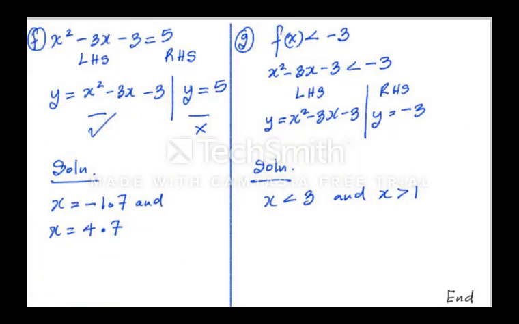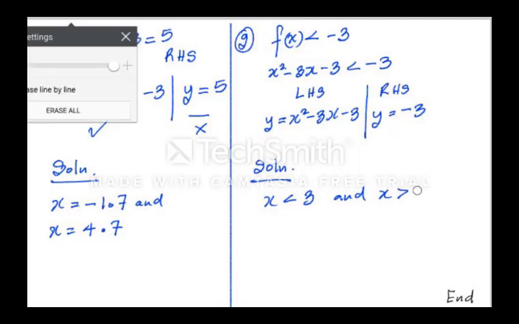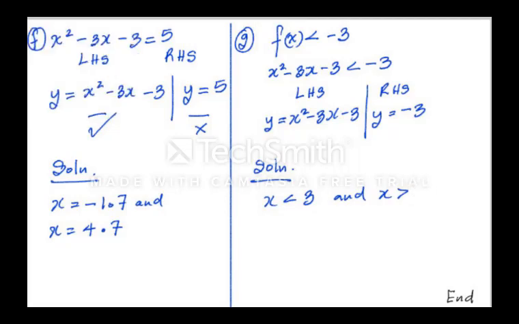And x is greater than 0. We could write that as one inequality. That would be x is less than 3, but greater than 0. So x is less than 3, but greater than 0 are the values of x for which f of x is less than -3.